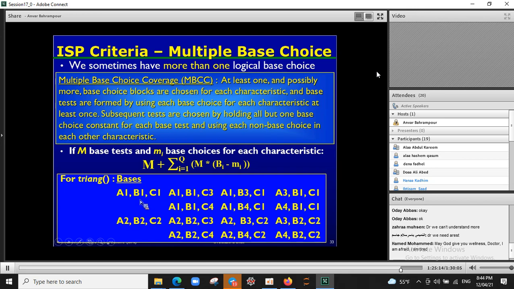You could see this from this column, and this is the same for other characteristics, and this is the same for another base choice.